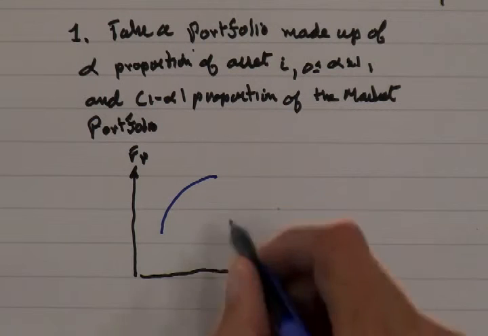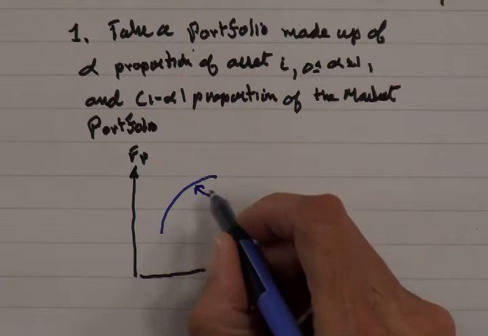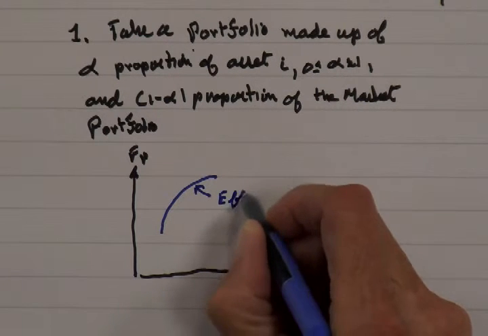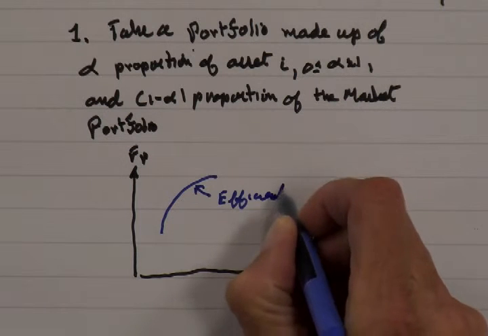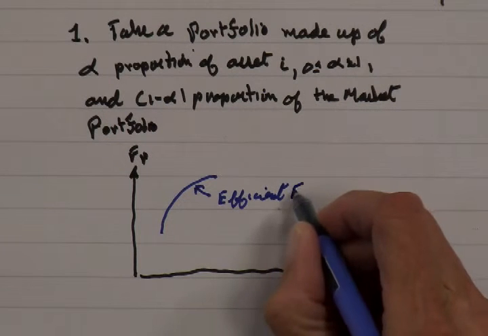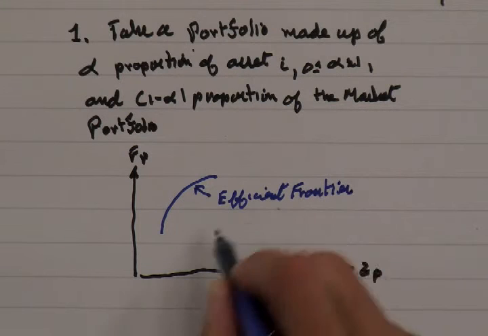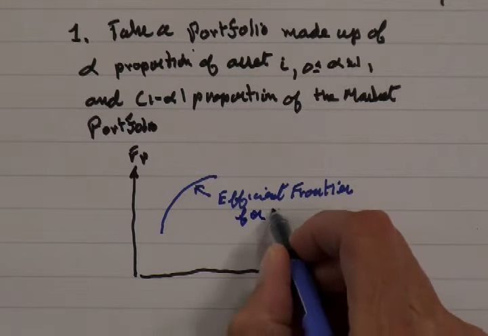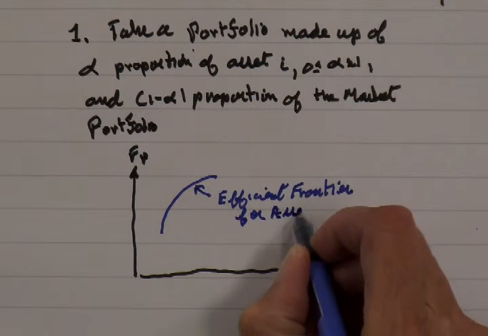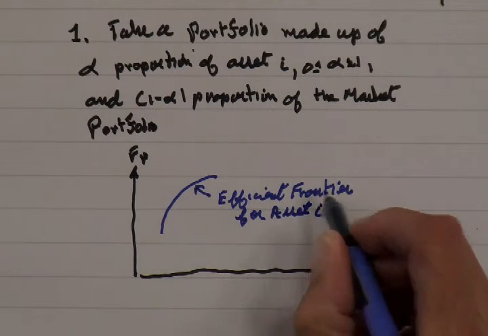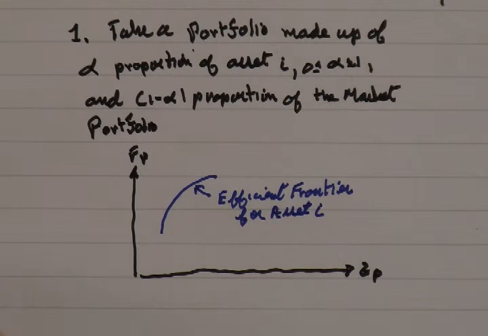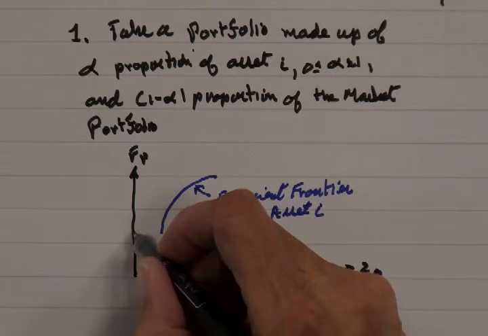This is the efficient frontier for asset I. And then we go from the risk-free rate.